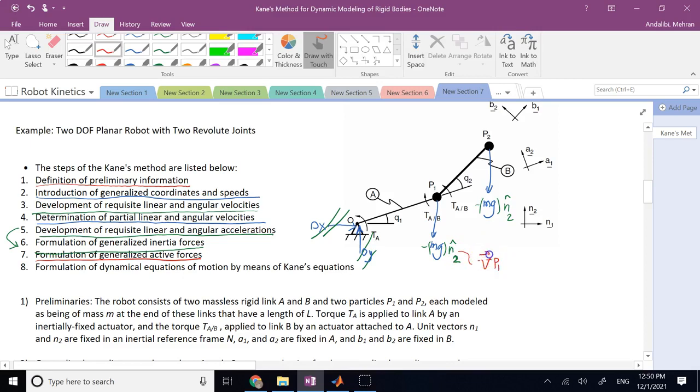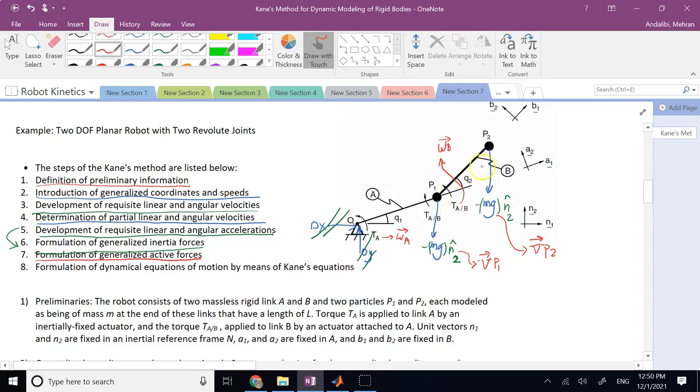So I need velocity of P1 and dot product the other one by velocity of P2, and then the torque TA that is applied to rigid body A, that should be dot producted by omega A because that causes a rotary motion. And similarly, T of AB that is applied to block B, that should be dot producted by omega B because that's the cause of the motion.